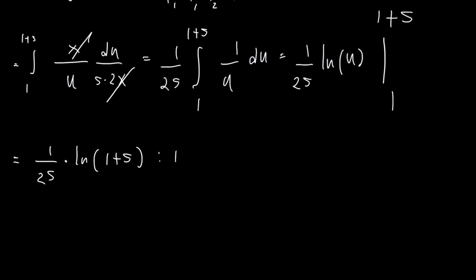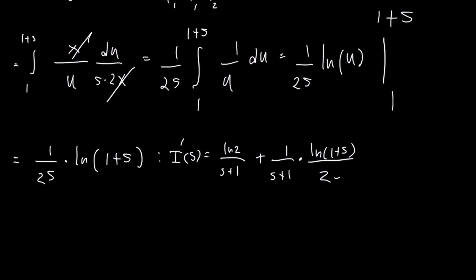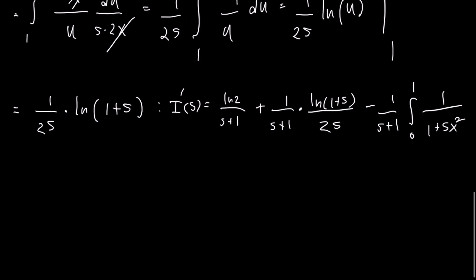So we now have that I prime of s is log 2 divided by s plus 1, plus 1 over s plus 1 times log of 1 plus s divided by 2s, and then minus 1 over s plus 1, the integral from 0 to 1 divided by 1 plus sx squared.